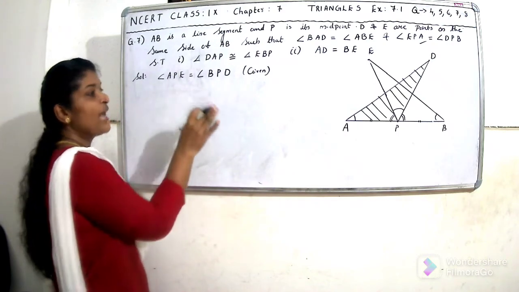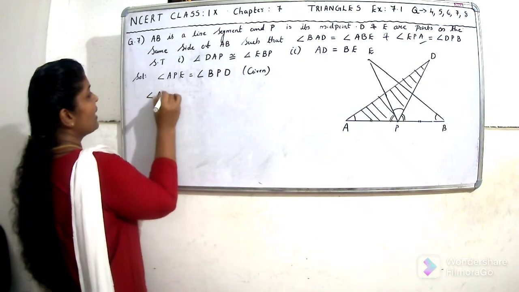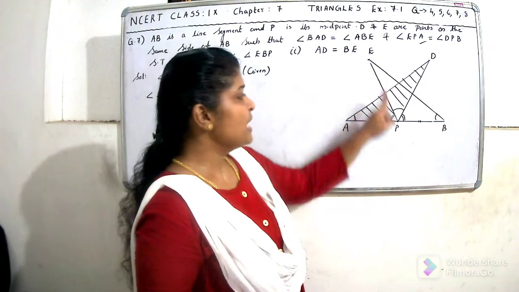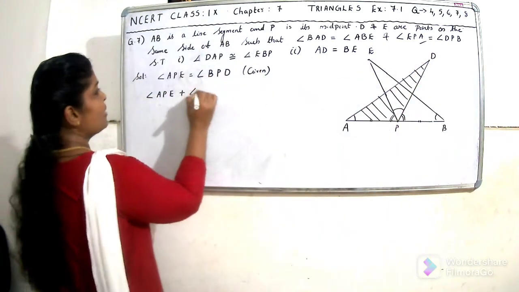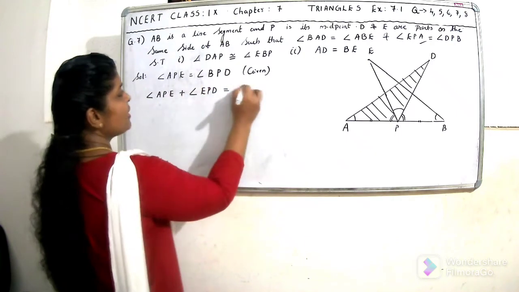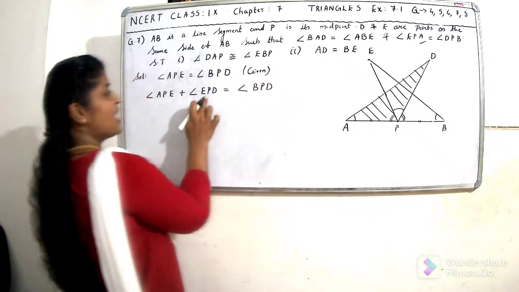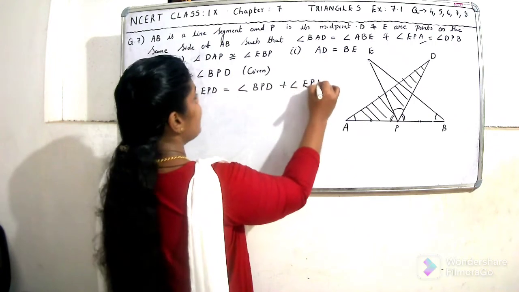Now with this we are adding equals. Angle APE plus angle EPD is equal to angle BPD, and the same angle we are adding, angle EPD.